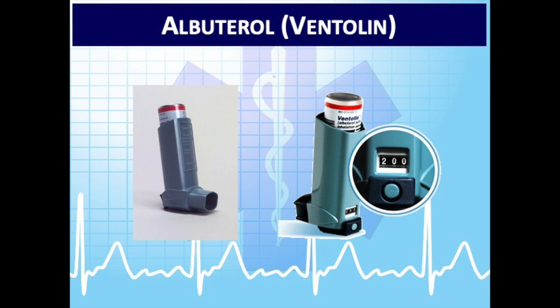No one really counts. The only way you can really tell is, on a daily basis, if you start using your inhaler a couple times a day or 6 times a day, and you write it on a calendar, then at the end of the month you can tally up how many actuations you've used.